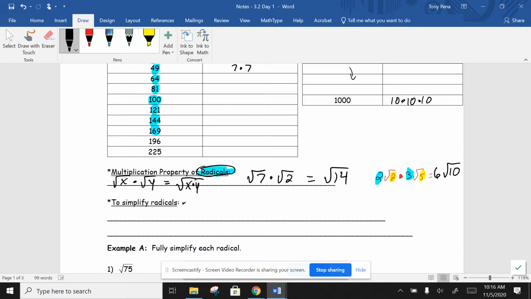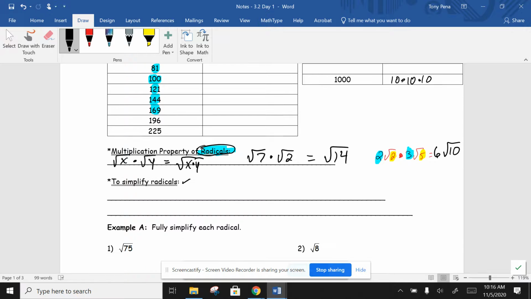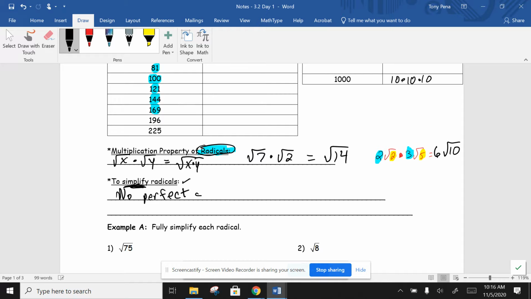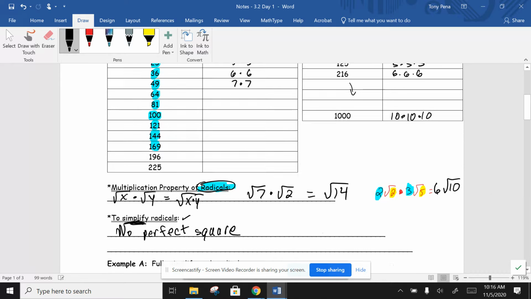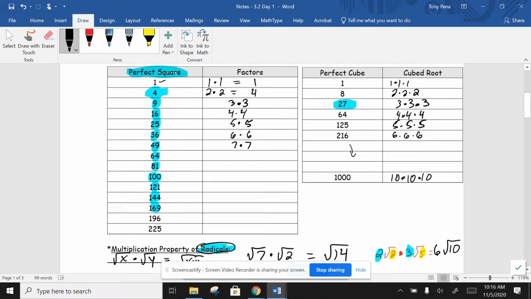And then the last one, what we're really going to focus on a lot today, is simplifying a radical. So if I ever tell you to simplify a radical, which we're going to do a bunch of here in a minute, what that basically means is no perfect square. And by perfect squares, we're talking about these guys up here, right? This is what we just defined as a perfect square.